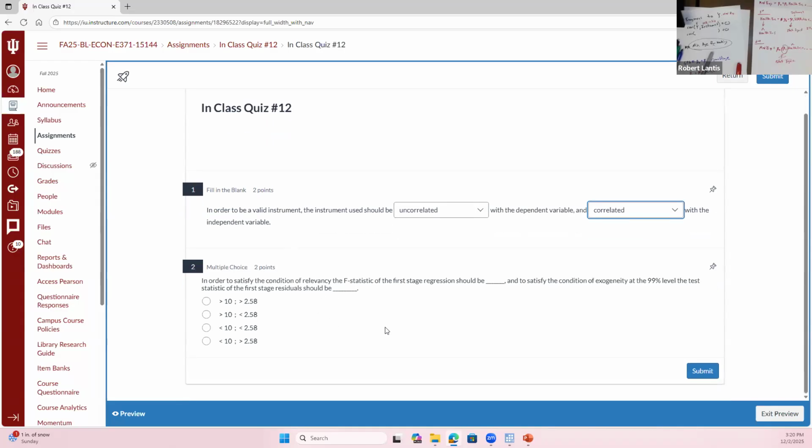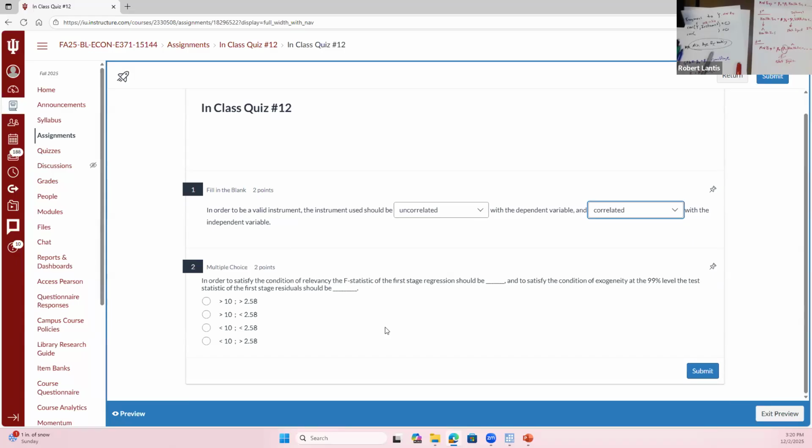Now, we talked a little bit about this. There's two things we can get from the first stage that tell us if this criteria is met, if the instrument is in fact correlated with our X variable. So the first thing was when we run that first stage, we can look at the statistical significance of our coefficient.